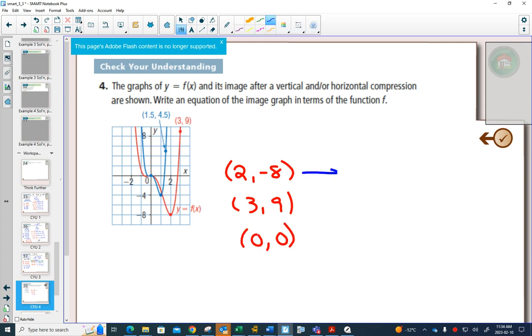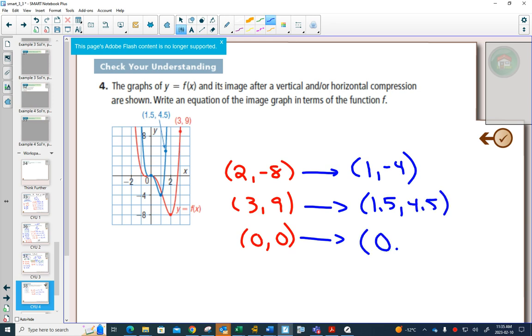I would have drawn my arrow diagram. I would have written above what I needed to do, but I don't know that yet. And then I would have got my new points. Oh, I do know my new points. I know that (2, -8) goes to (1, -4). I know that (3, 9) goes to (1.5, 4.5). And I know that (0, 0) ended up staying at (0, 0).